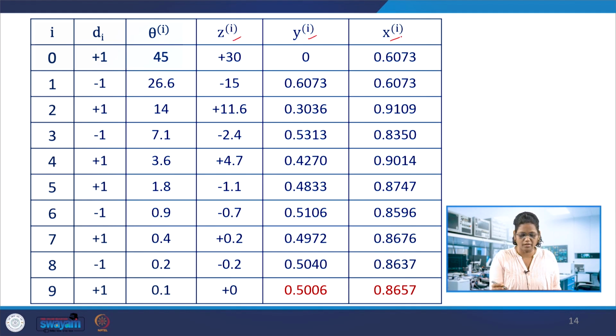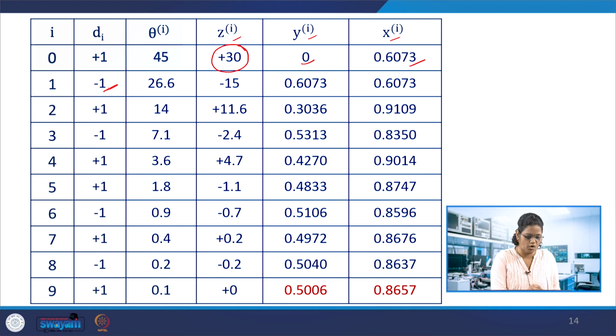From this we can obtain this table of i, di, theta i, yi and xi. The 0th iteration was assumed 1, and the angle theta i is 45 here exactly. Then we are going to find out for the 30 degree angle, that is plus 30, and y is 0 and x is 0.6073; we assume these are the initial values. Then we computed the first one.